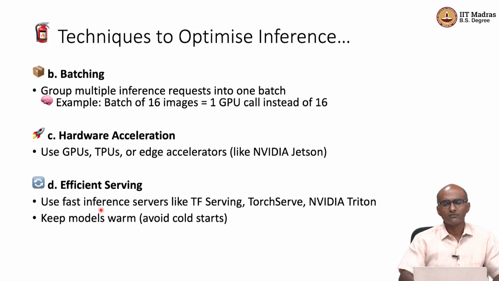Or you can also have mechanisms of loading the model once as part of bootstrapping and then keeping it warm, so that you're avoiding the need to keep loading or having cold starts every time you want to use the model. So if you remember, some of you might have taken the big data course, and there we spoke about the Apache Arrow bindings available for writing custom Python functions.